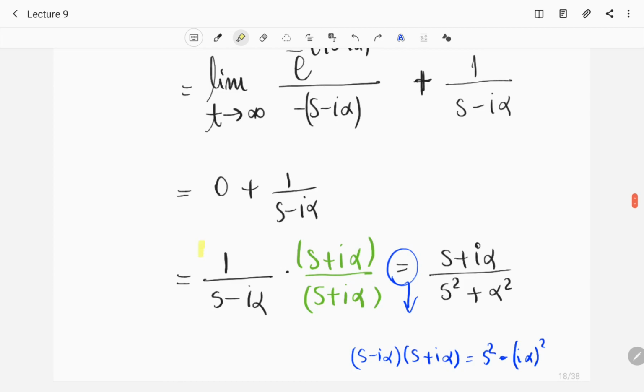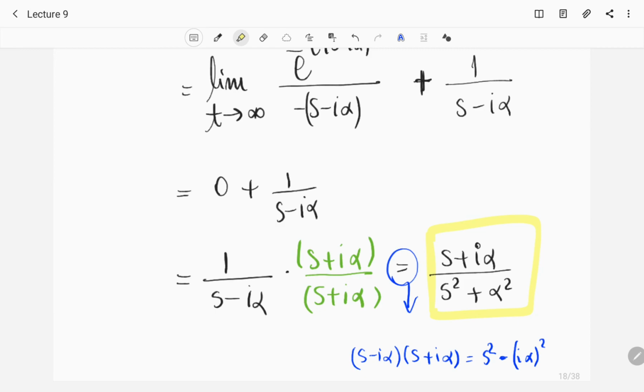And just to write this guy a little bit nicer, we multiply by the conjugate, which is exactly the same complex number, but with plus instead of minus. We cannot multiply and not divide by it, because then we lose the identity. So we multiply and divide by the same number, and just distributing here, we get this expression.